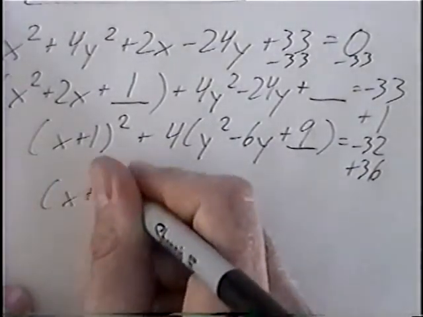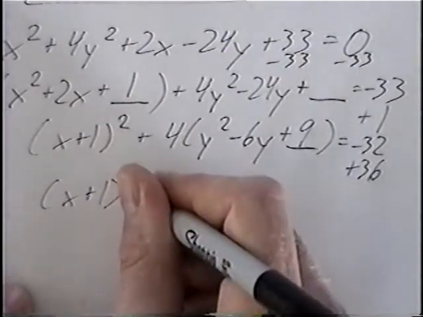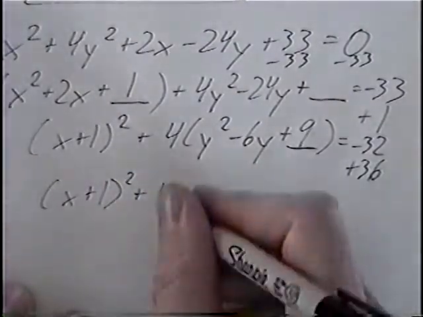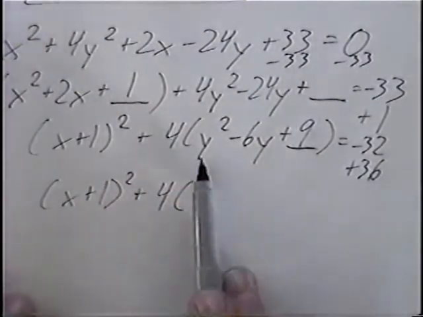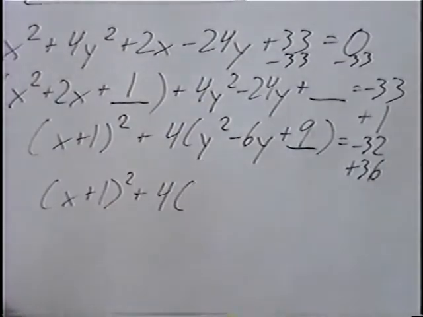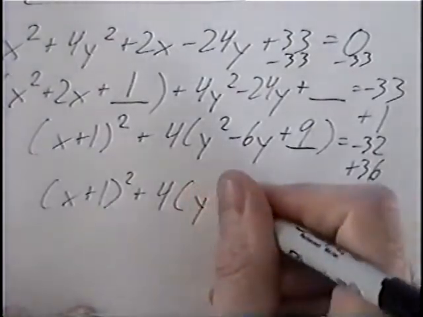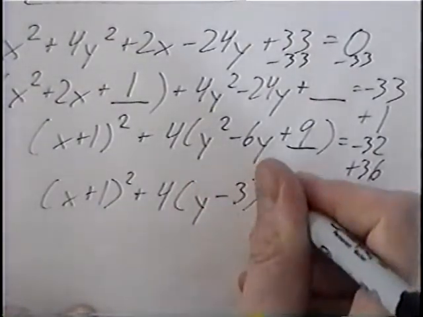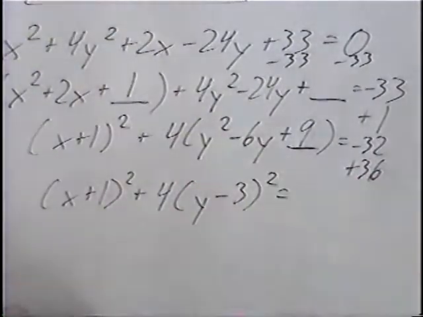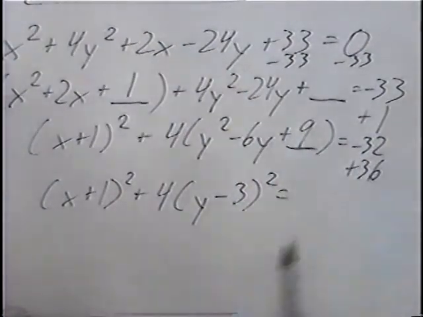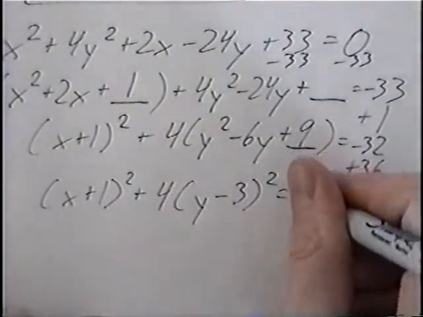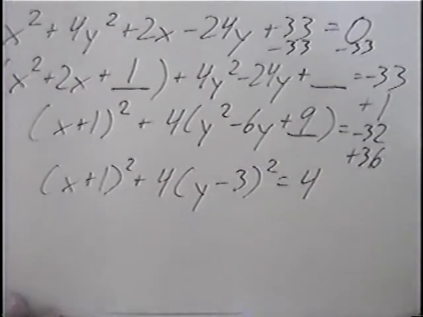Completing the equation, x plus 1 squared would come down. The 4 would also come down. Y squared minus 6y plus 9 we can factor. That would factor to y minus 3 squared equals, and negative 32 plus 36 would be positive 4.